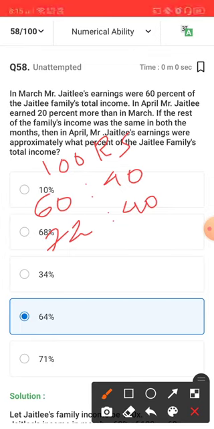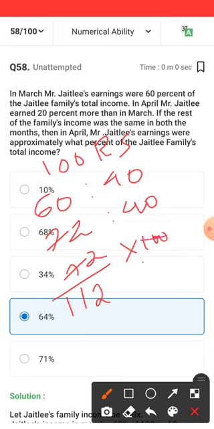Then the family's total income. So there I got it wrong. 72 plus 40 is 112. So 72 by 112 into 100. We cut this, we get 25. We cut this, we get 28.